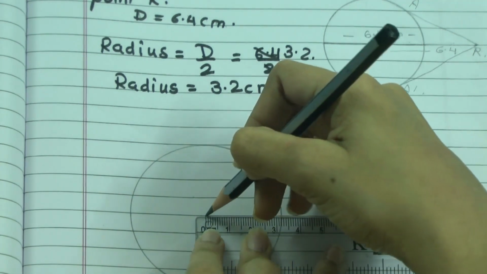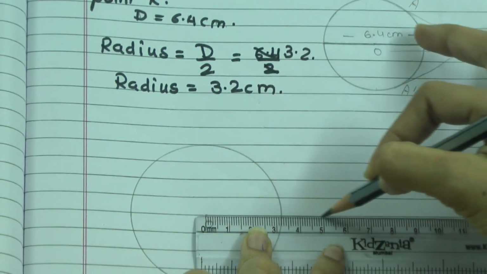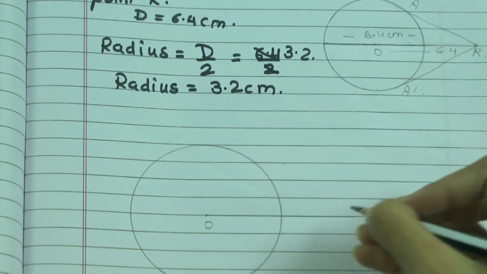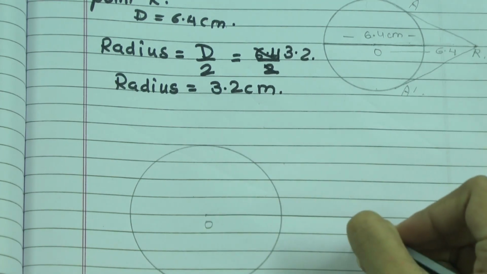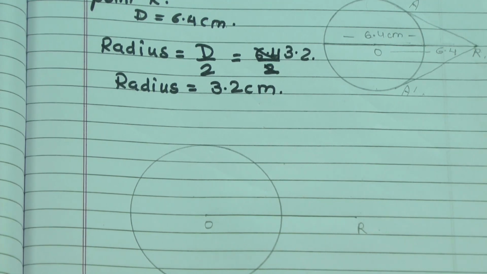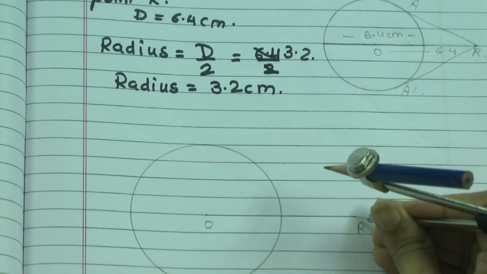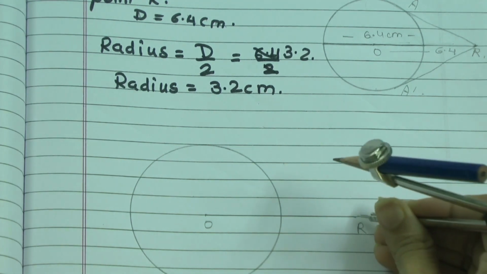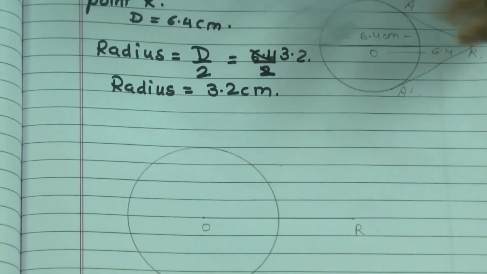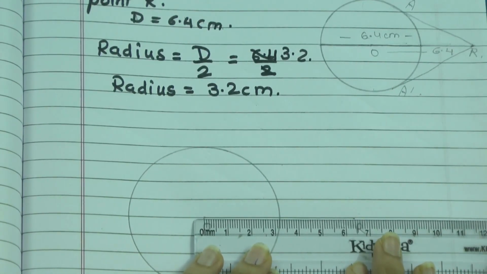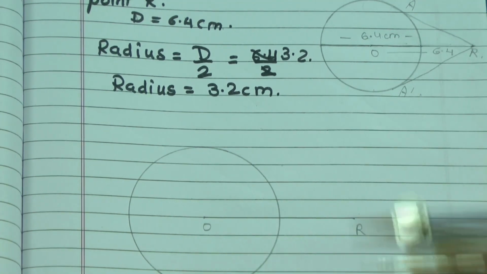Mark the point R. Now children, we need to draw tangent from the point R. Let me check whether it is 6.4 or not once again. Yes, it is 6.4.